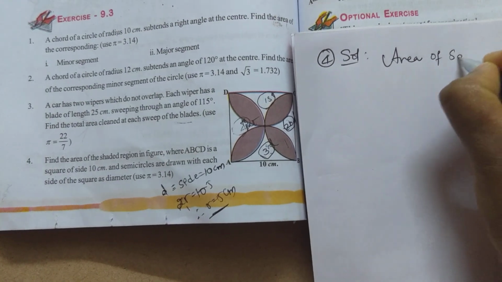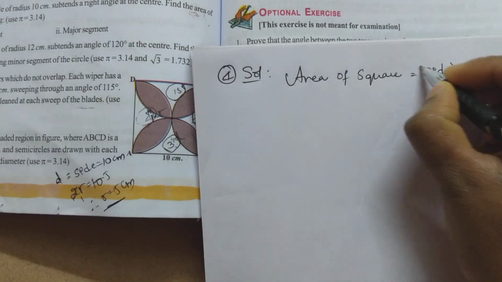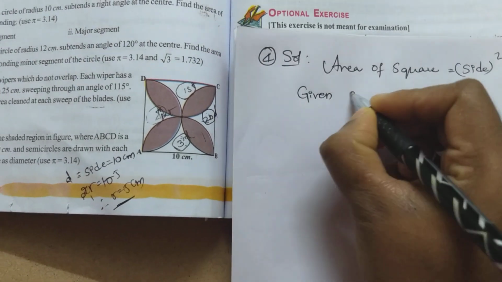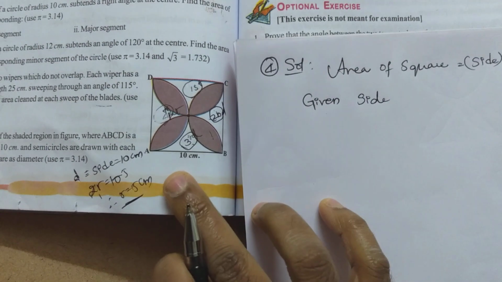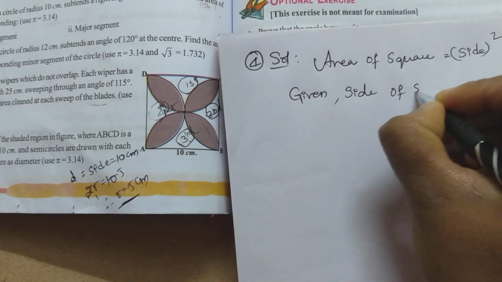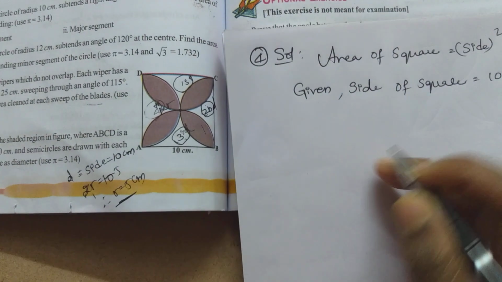Area of square, what is the formula? Area of square equals side square. Correct? They have given the side of the square. What is the side they have given? 10 centimeters. So given side of square equals 10 centimeters.